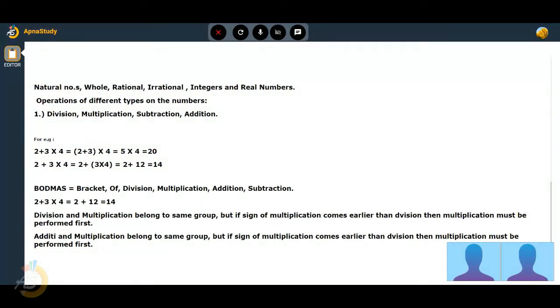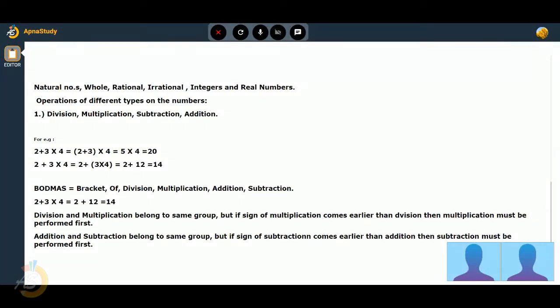But if the sign of subtraction comes earlier than addition, then what will we do? We'll perform subtraction first. Yes, very good.